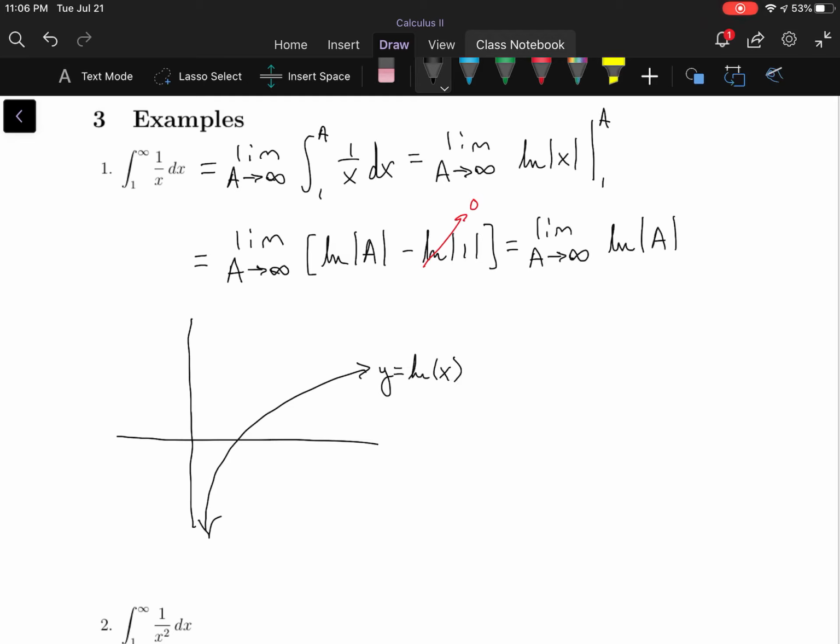And so as a gets bigger and bigger, in other words, as we're going along the x-axis to the right, the curve is getting higher and higher, meaning that with respect to the y-axis, this is going to infinity. So since this is an infinite value, that means that the integral diverges.